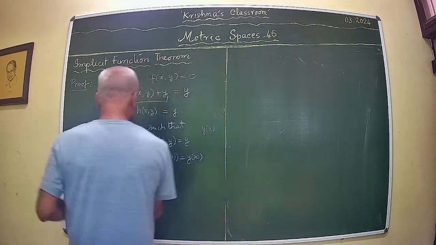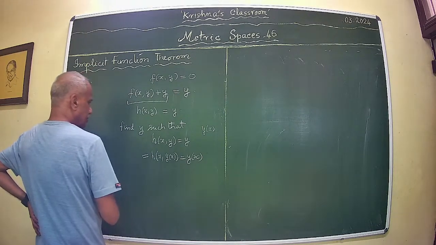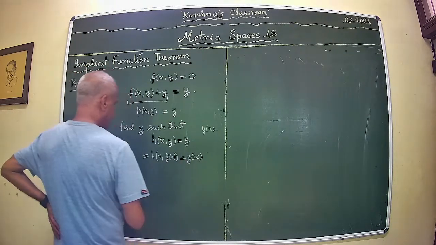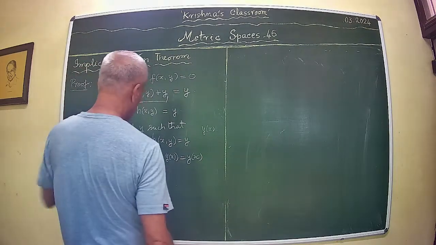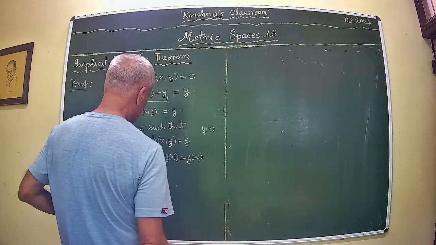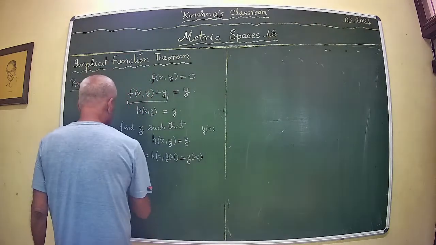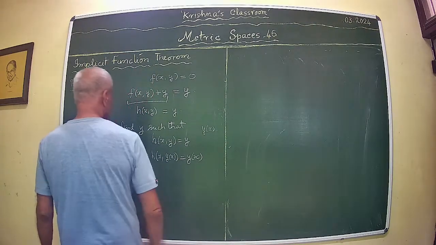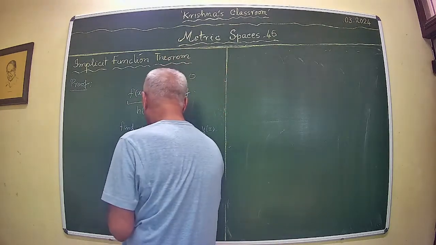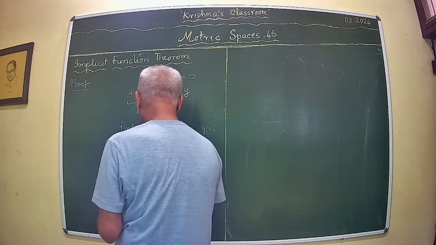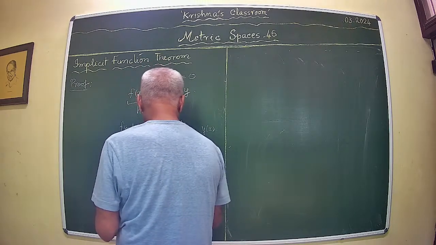And this you can rewrite as t of y. So this is what you have. You have the new equation T(y) defined as F(x, y) plus y.